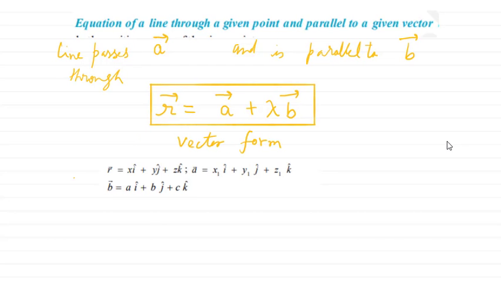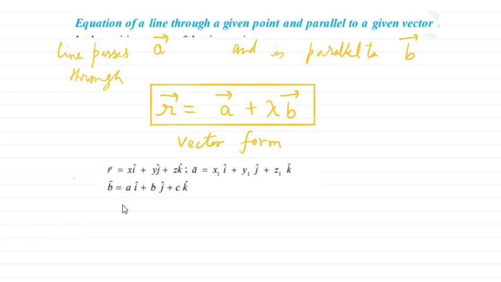Now we'll find out the other form of the equation, that is the Cartesian form. For the Cartesian form, let's say our r is xi plus yj plus zk, and a is x1i plus y1j plus z1k, and b is another vector given as ai plus bj plus ck.